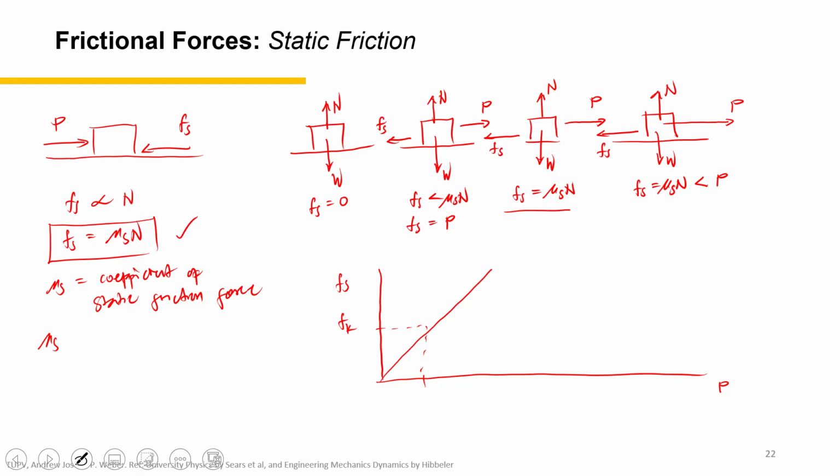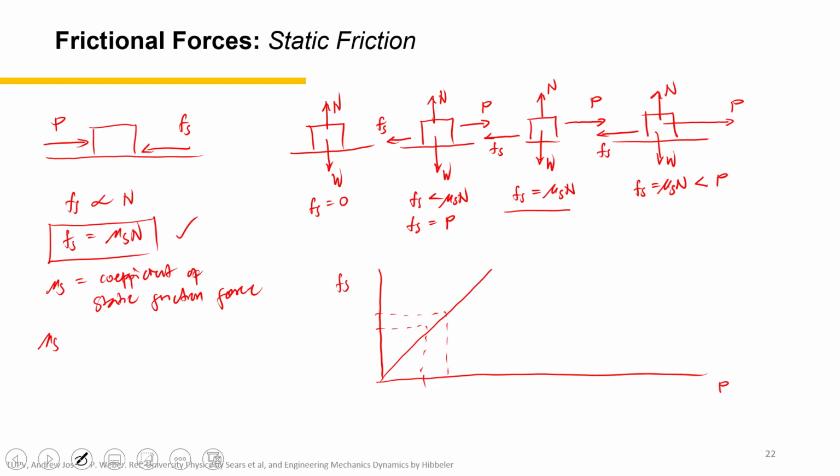Let's just first erase this one so that you're not confused. Let's now just focus on Fs and P. So when you try to increase again the P, it is counteracted by static friction force.